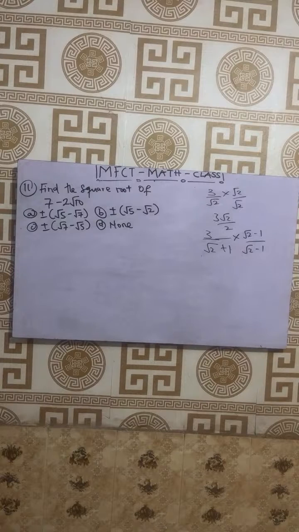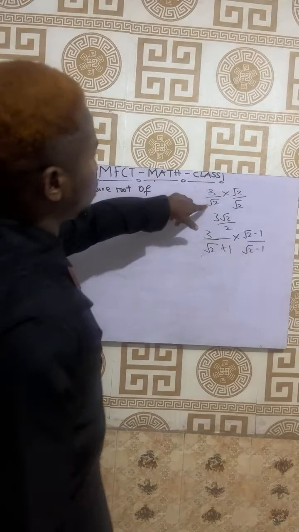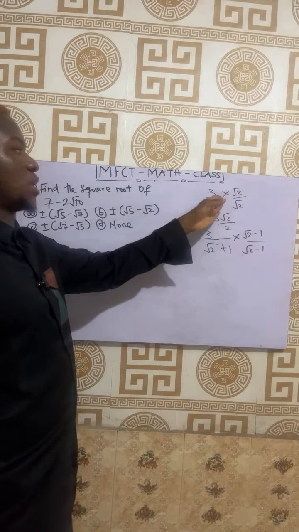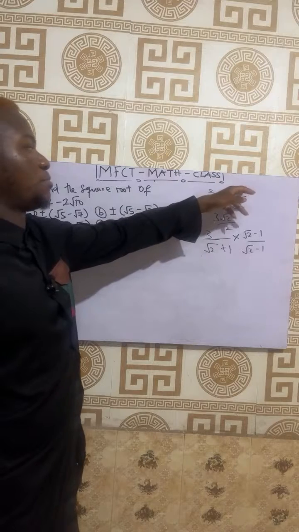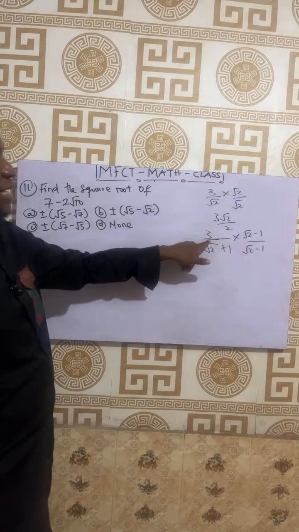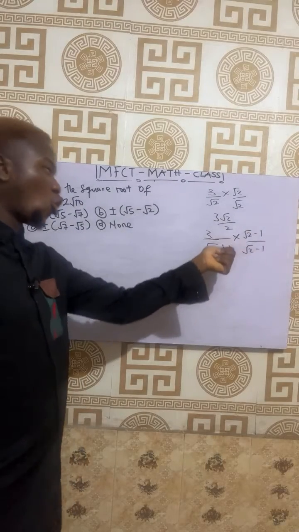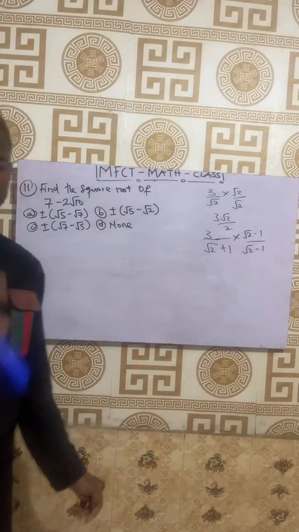But if the question is like the first one, you don't have to use any conjugate because there is no plus or minus at the denominator. You just multiply by the same surd. But if the question is like this, then you multiply the numerator and the denominator by the conjugate of the denominator. So that is that.